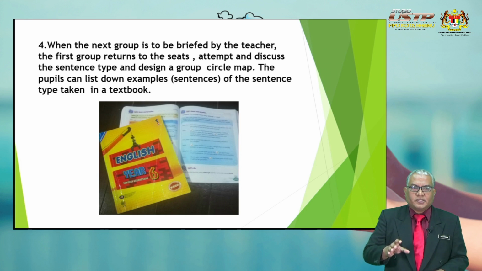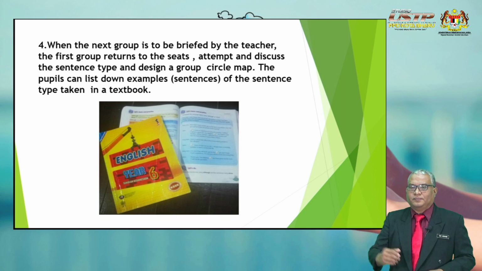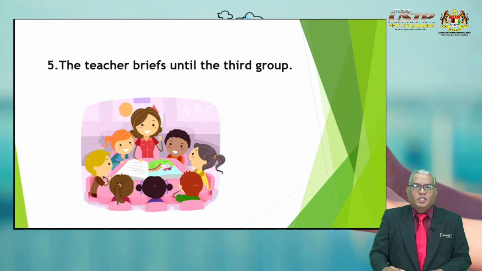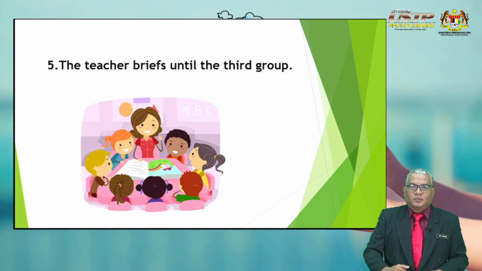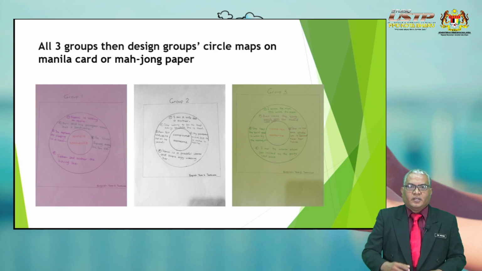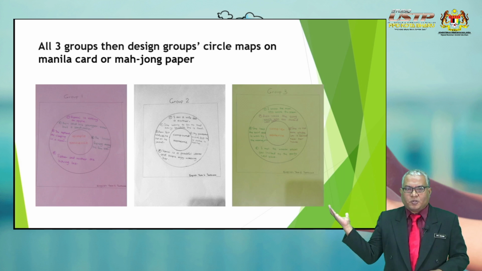The pupils can list down examples of sentences of the sentence type taken from the textbook. The teacher briefs until the third group. All three groups then design group circle maps on manila cards or mahjong paper.